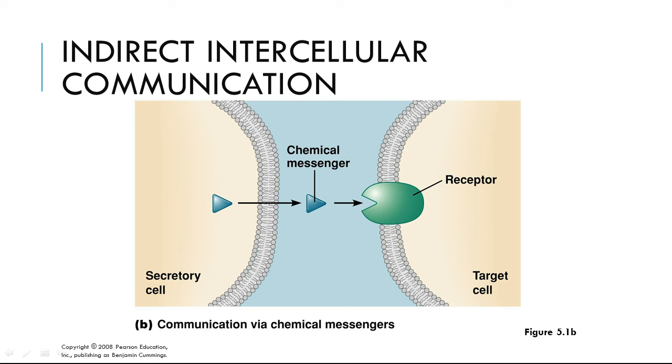So one cell is talking, one cell is listening, if you will. But any cell that needs to listen to a particular messenger better have a what? A receptor. The secreting cell will manufacture the chemical messenger. The target cell, I should incorporate this terminology, is the cell which expresses the receptor.